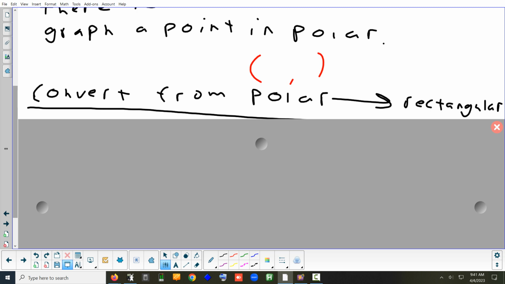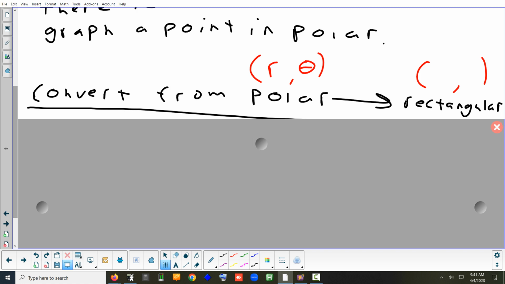And the main idea here is just making sure you get the right letter. Okay? In polar, what do we call the two things that they give us as a coordinate? They give us a radius and an angle. Now, if they give you a point in rectangular, what do you call the two things?